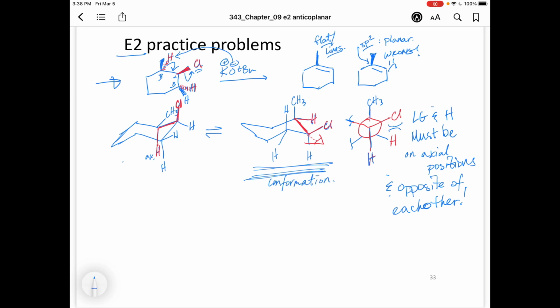You would need to rotate it into the one where both are axial. Both leaving group and hydrogen are axial. Of course, I showed you how to solve it without having to draw the ring. Let's do another example together where this whole being able to be axial is really important.